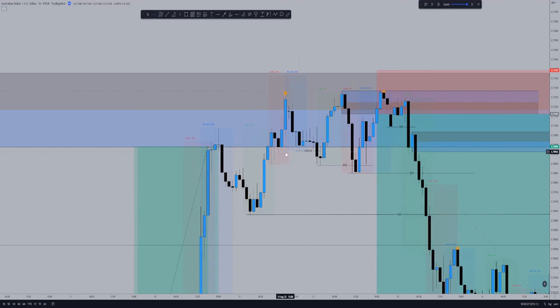We then saw price broke below this point and then broke down below that point, which caused our change of character. We then came up, formed equal highs here. So we didn't actually go bullish because we never broke this high. So we didn't go bullish, change of character.